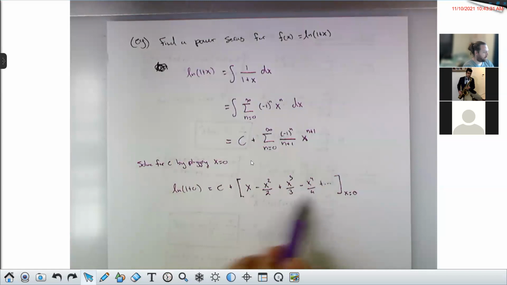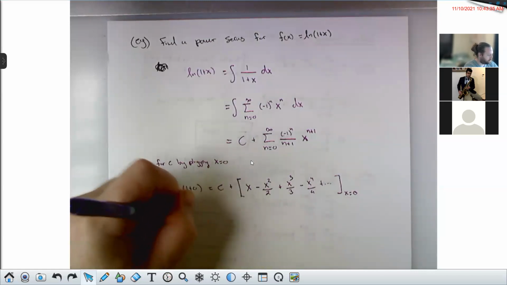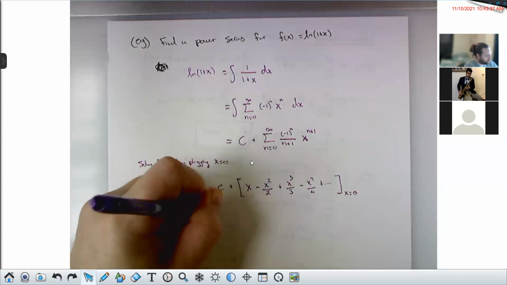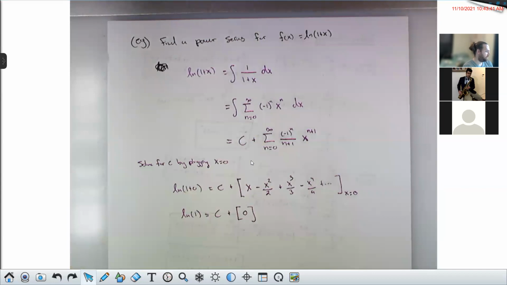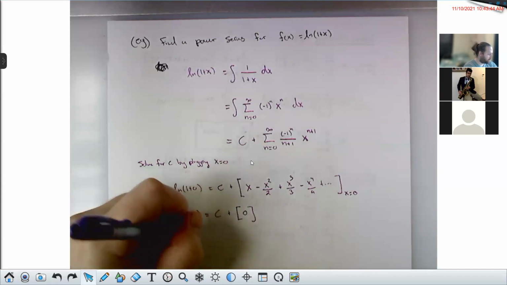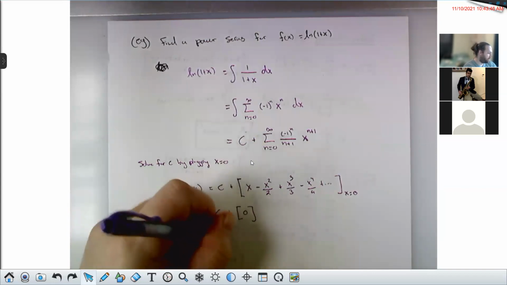Since there is no constant term in here, every piece of this really is 0. So you get the natural log of 1 is equal to c plus 0. Since the natural log of 1 is 0, you get 0 equals c plus 0.